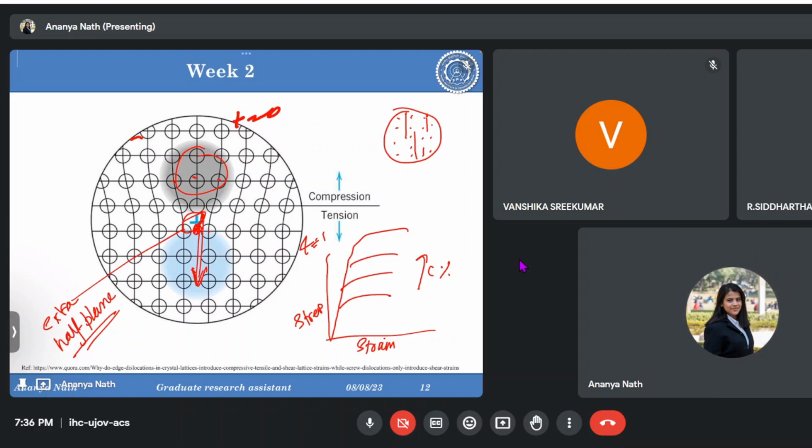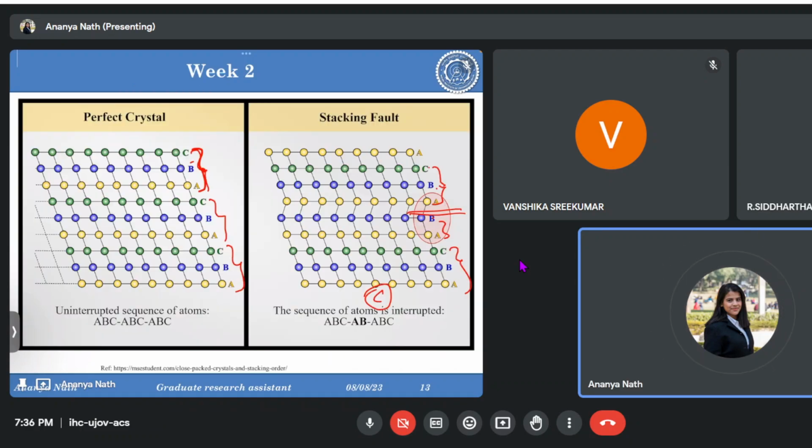And also, it's the missing of one plane, not all the similar planes. As I showed here, one C plane is missing. That was an example that in FCC the atoms are arranged ABC, and if the C is missing, it will be AB, more like an HCP lattice.